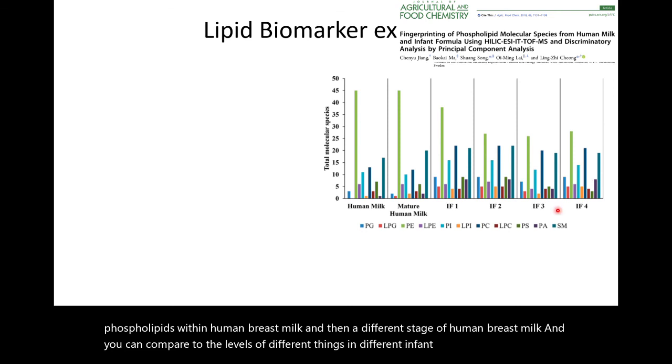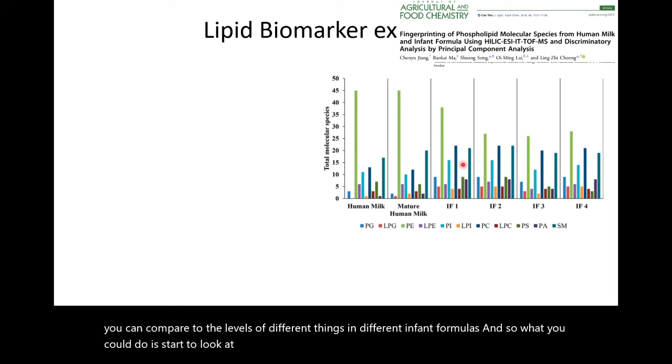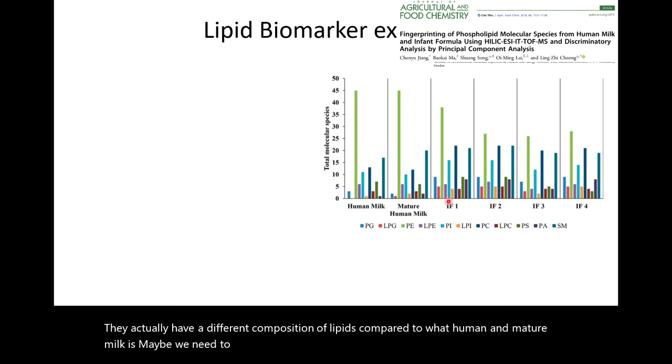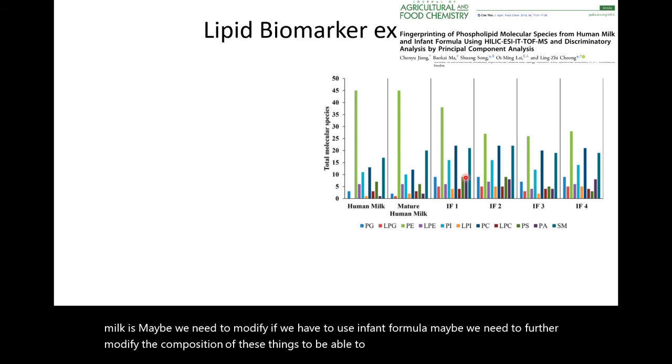So what you could do is start to look at this and go, well, wait a minute, these infant formulas actually have a different composition of lipids compared to what human mature milk is. If we have to use infant formula, maybe we need to further modify the composition of these things to be able to create a product that is more similar to what it should be.